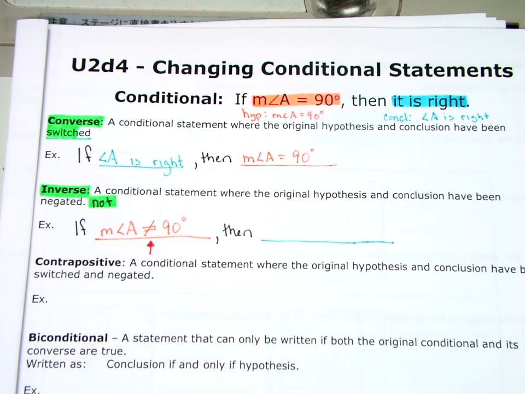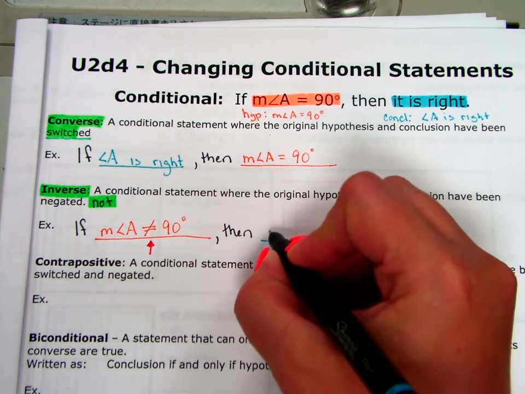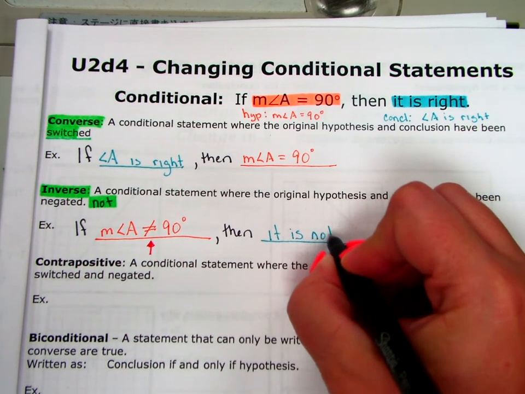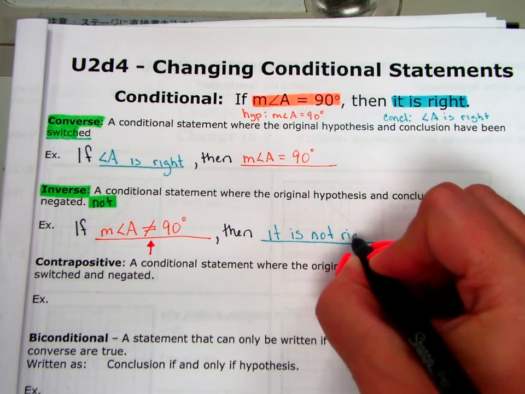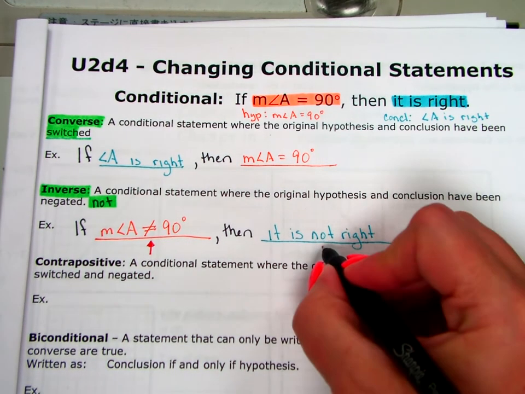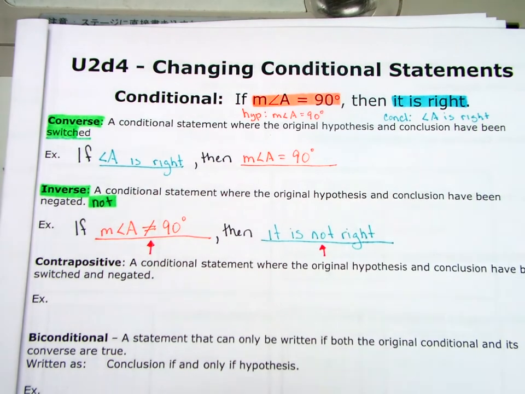How am I going to negate it is right? It isn't right or it is not right. You can use contractions or not use contractions, however you want to do it. I'm going to say it is not right. So put my little not right there. I negated it. Okay?